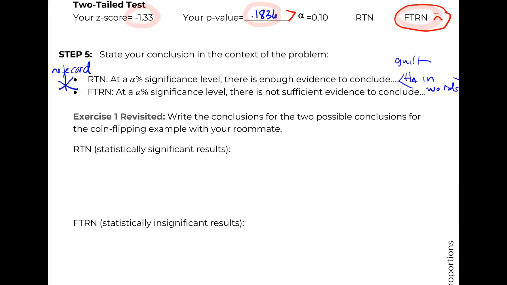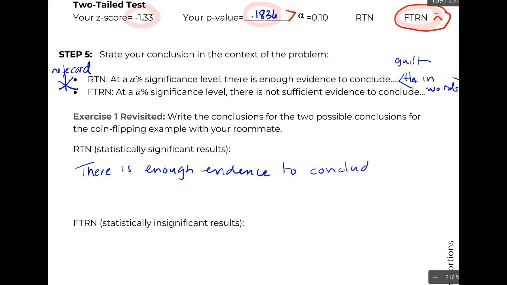So going back to that silly example, the two possible conclusions that we had here is we could have said, I'm going to ignore the significance level, there is enough evidence to conclude. And there's actually two ways we could write this, because if you remember back in that example, we had this, right? p is greater than 50%. So we could use this in words, which is going to be a statement about the true proportion, just like it was in our confidence intervals.